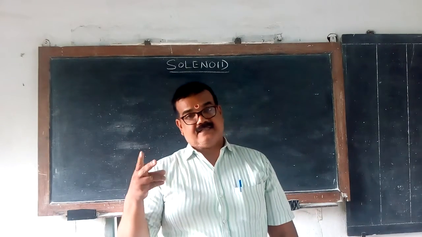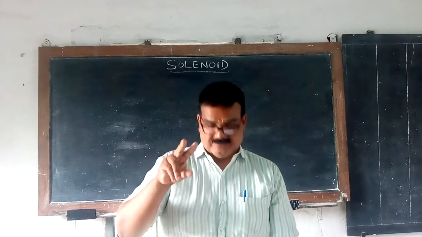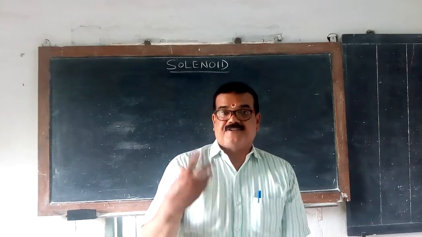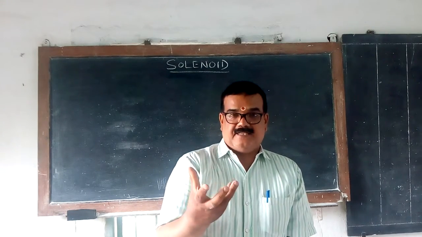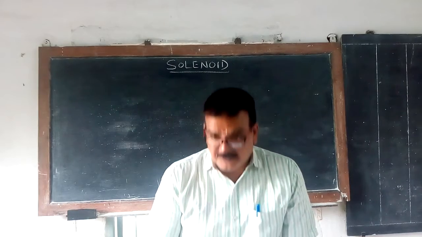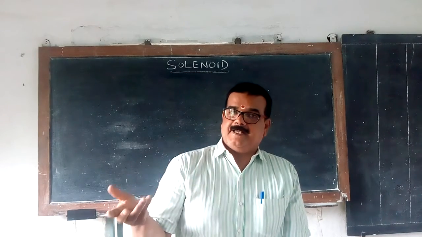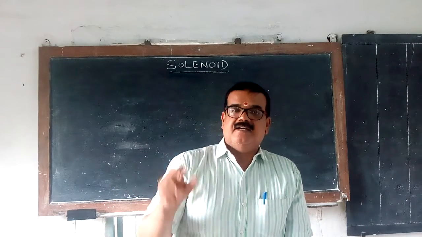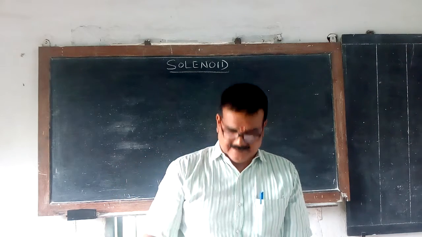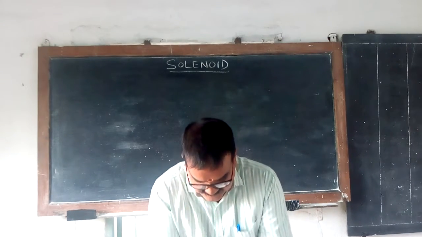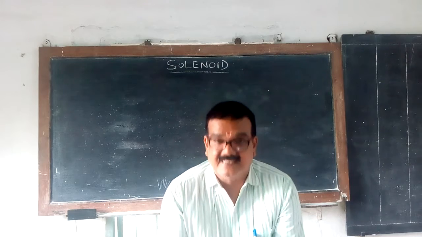Reluctance depends upon two things: one is geometry, the size of the metal, and the other is composition, which material the object is made of. Reluctance means magnetic resistance.